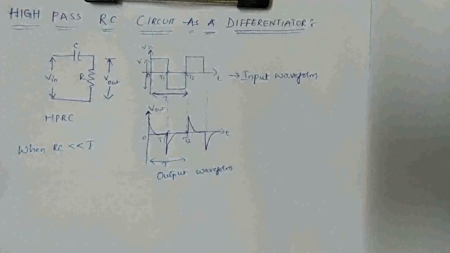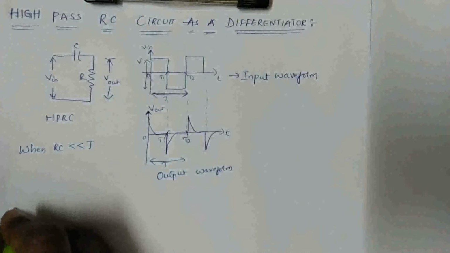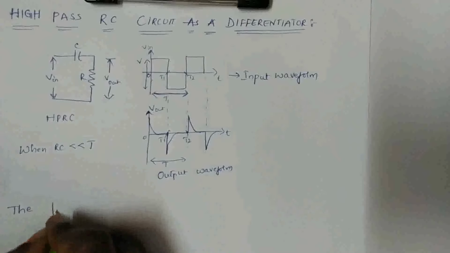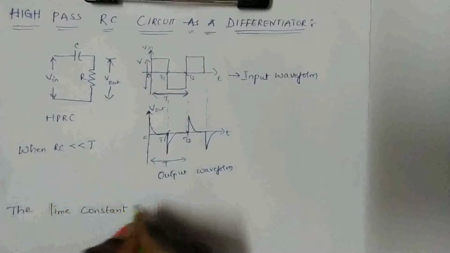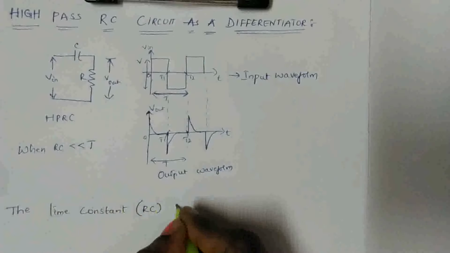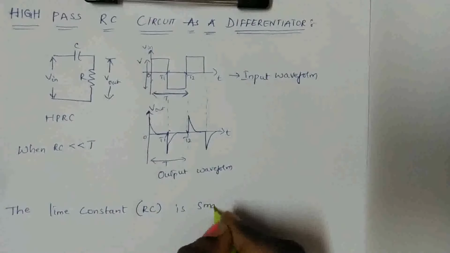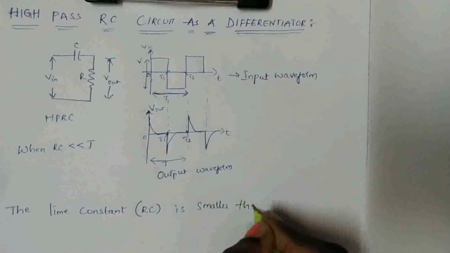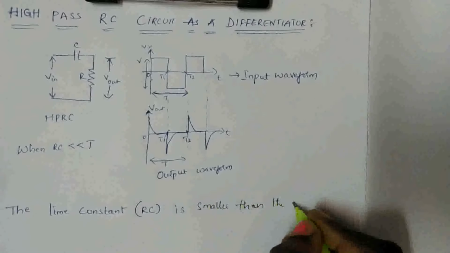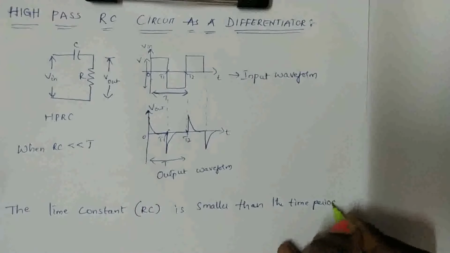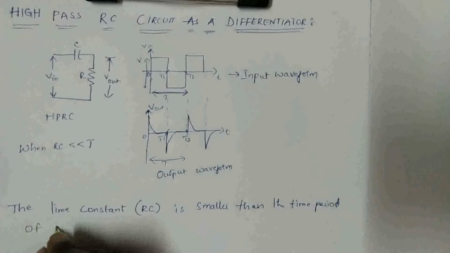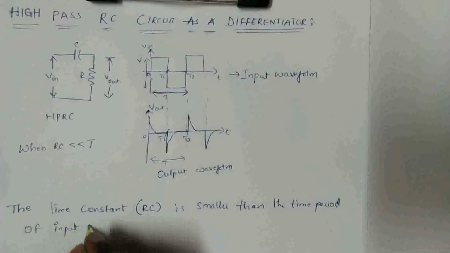Okay, the time constant RC is smaller than the time period of the input signal, that is T.